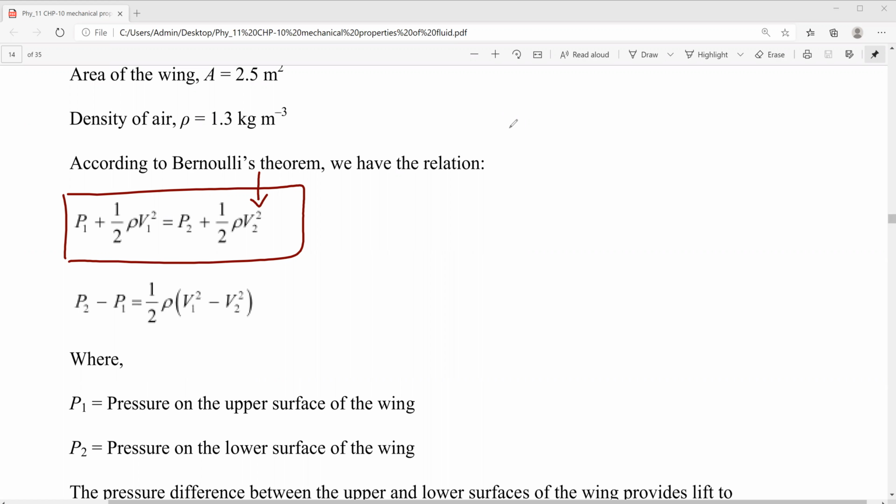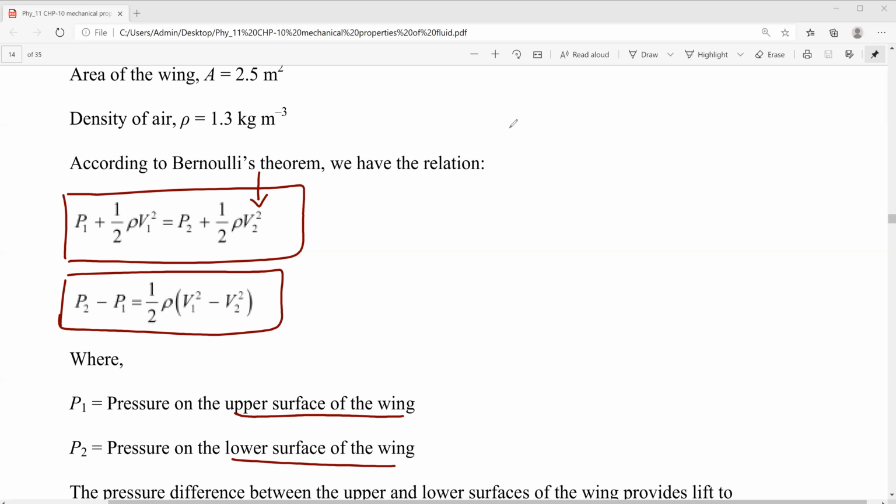So we want the pressure difference, P2 minus P1 is equal to 1 by 2 rho (V1 square minus V2 square). Here, P1 and P2 are the pressure on the upper surface and lower surface of the wing, and we need to calculate the pressure difference between the upper and lower surface of the wing. So that provides the lift.